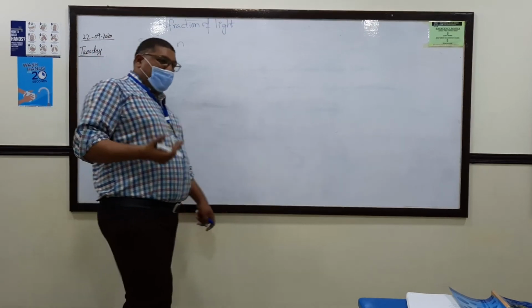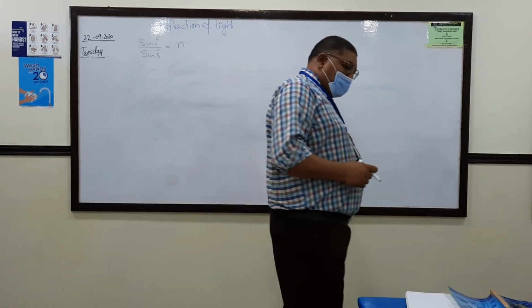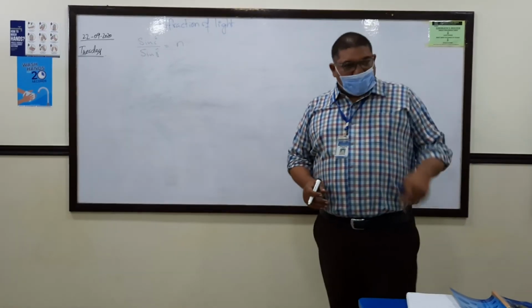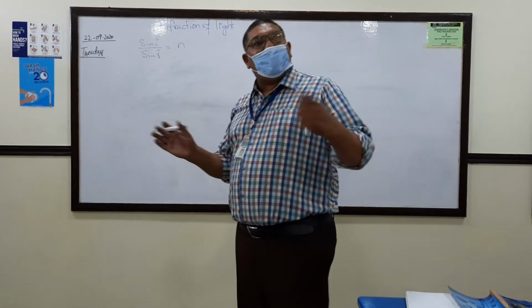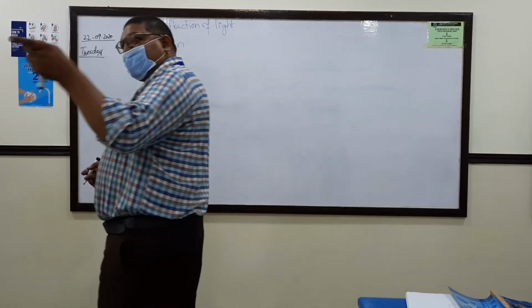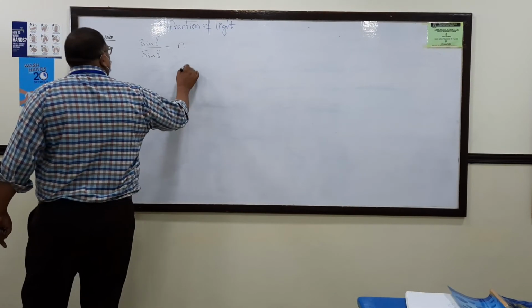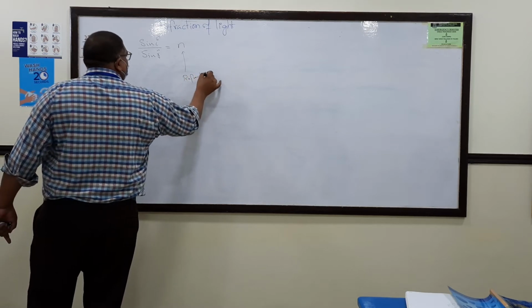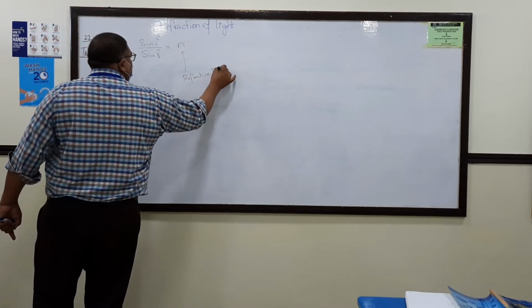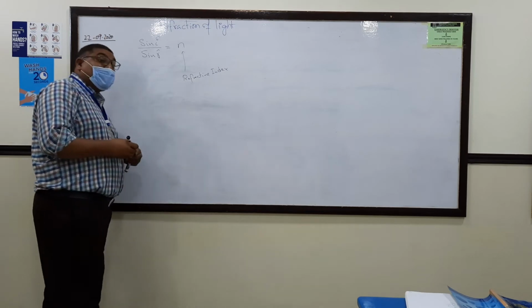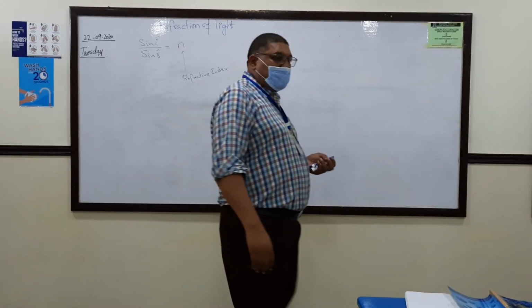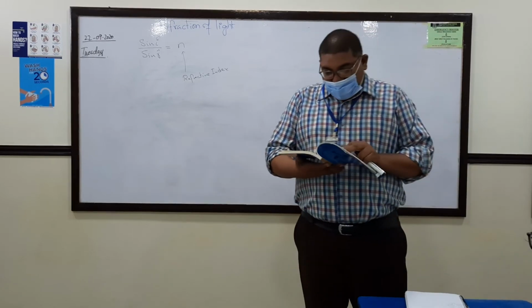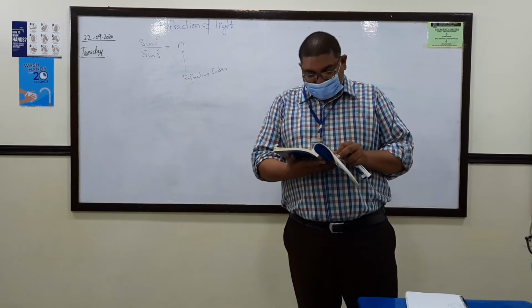The number n which you get when the light enters from air into glass, when you calculate sin i by sin r, that remains constant, and that constant is represented with n. It is called the refractive index of that glass.